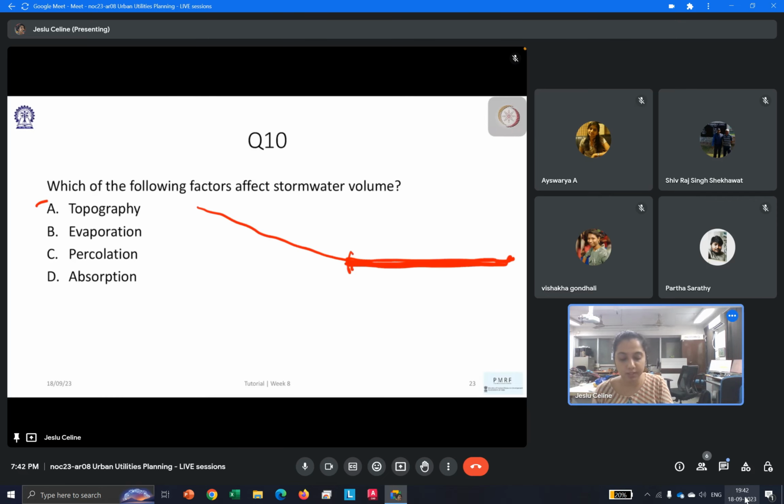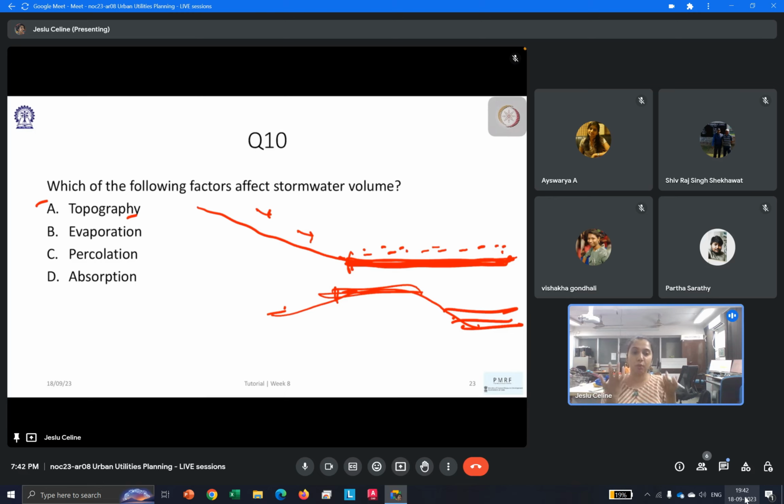If this is the catchment area I'm taking, because of the natural slope or the topography, the water in the catchment might increase. Basically, based on topography, there can be regions where water is concentrated and regions where water is not there.